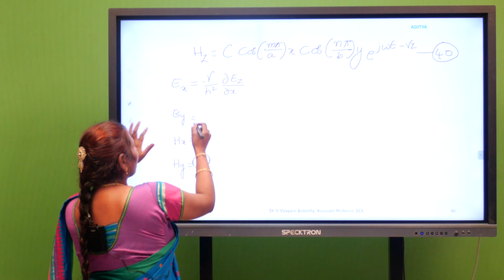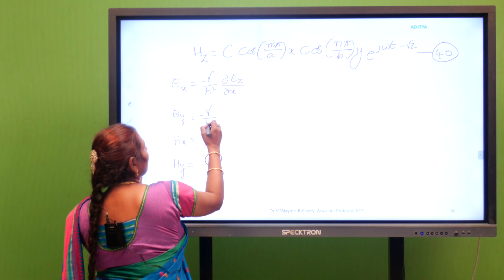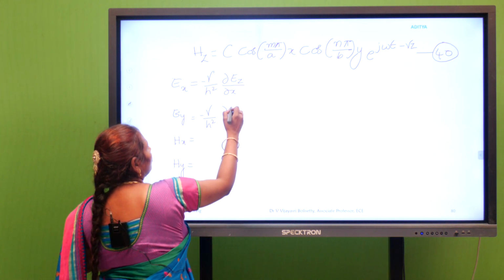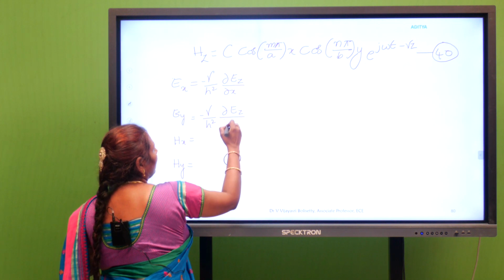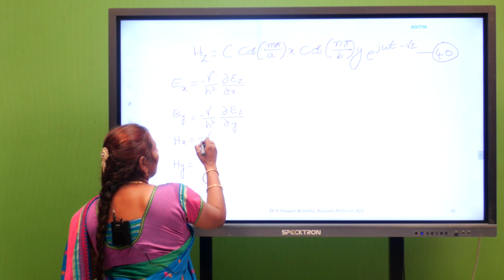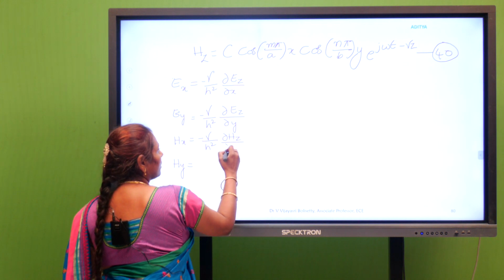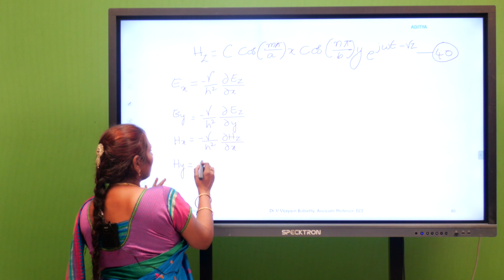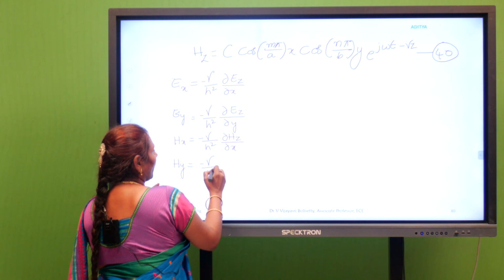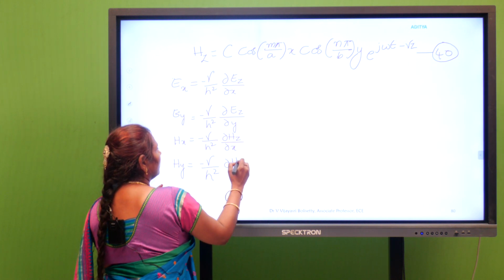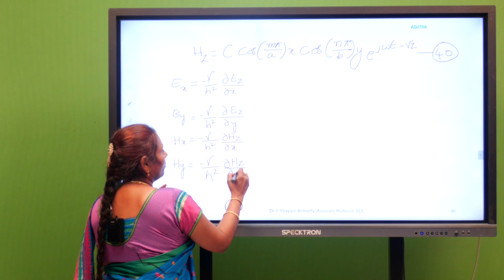For all the cases, the first component is minus gamma by h square dou Ez by dou y, and this is minus gamma by h square dou Hz by dou x, and for H with respect to y, minus gamma by h square dou Hz by dou y.